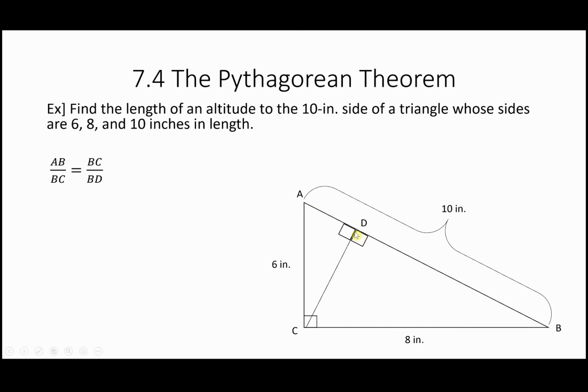I made a stylistic choice in saying I'm going to find the longer segment BD for no particular reason. Once I have that longer segment BD, I'm going to Pythagorean theorem my way into finding the altitude, is what I meant to say.